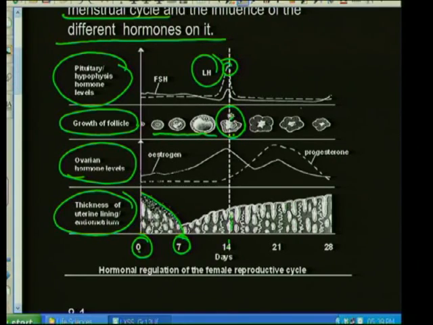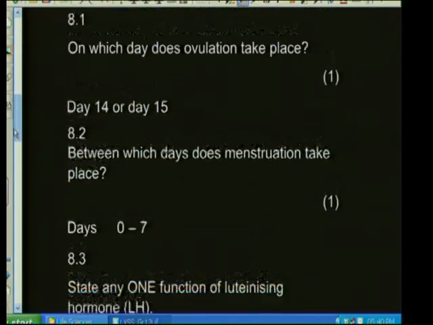From 0 to about 10 or 11 days, the level of LH stays more or less the same, as you can see there. That's your first mark. Second mark would be from about day 11, there's a steep increase, reaching its peak on day 14. Thereafter, it decreases and remains more or less constant for the rest of the cycle.